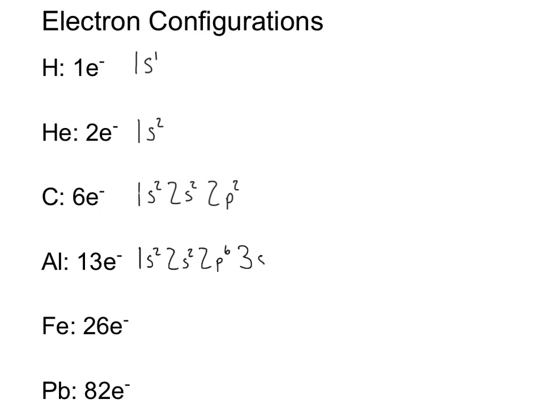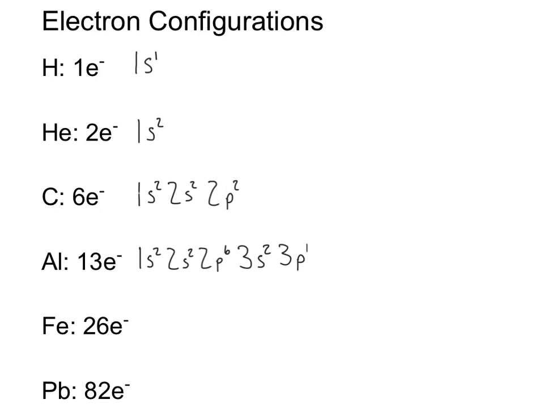We'll start with our s sublevel. It can fit a total of 2 electrons. We're going to then move on to our p sublevel within Bohr shell 3. Aluminum holds a total of 13 electrons. We've already placed in 2, 4, 10, 12, so we only have 1 electron left, and so we get 3p1.